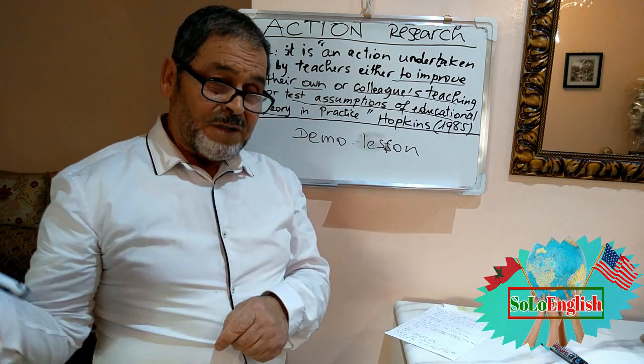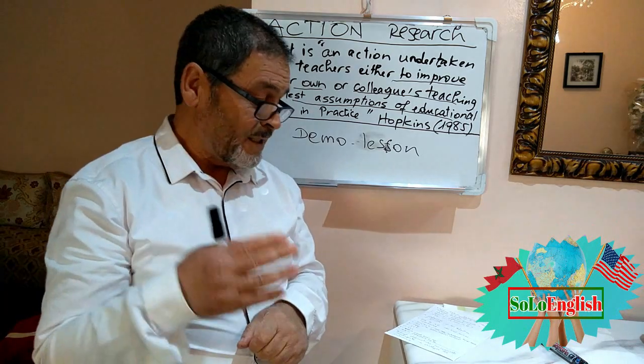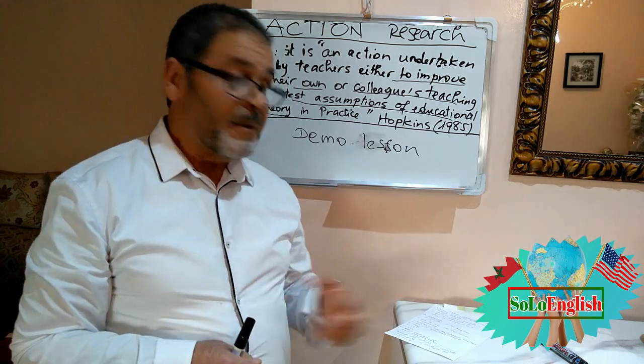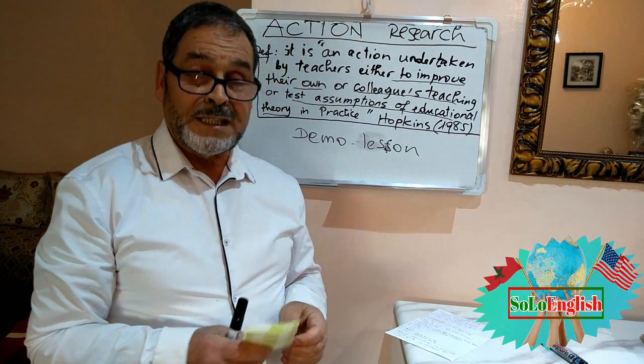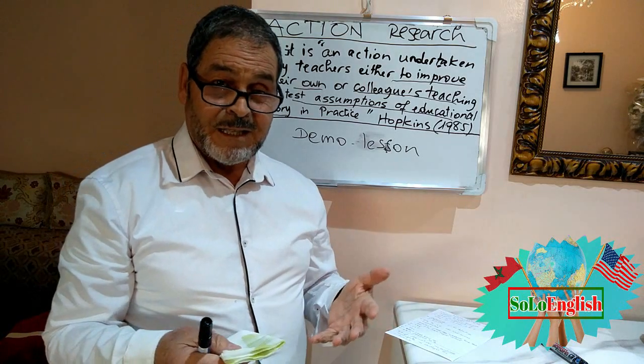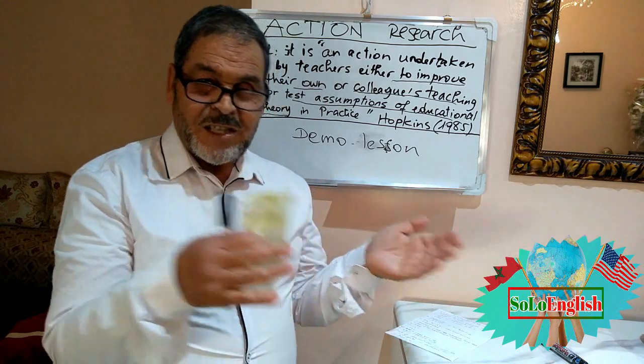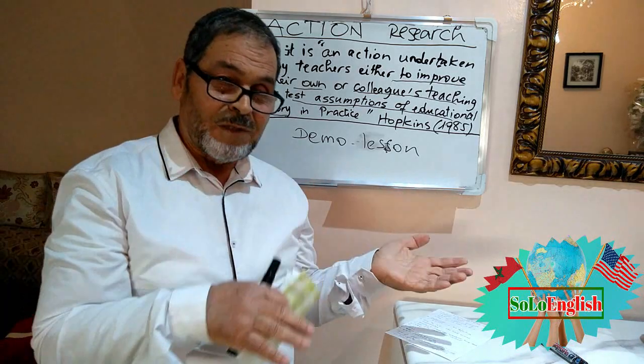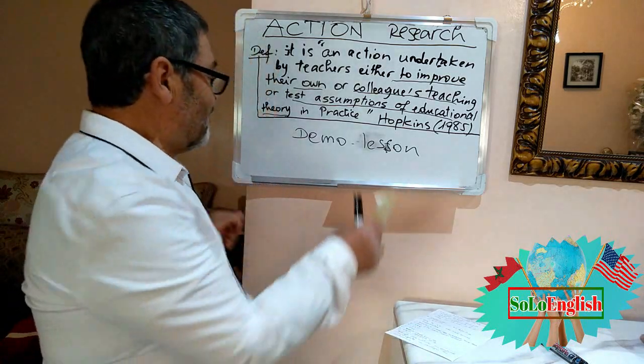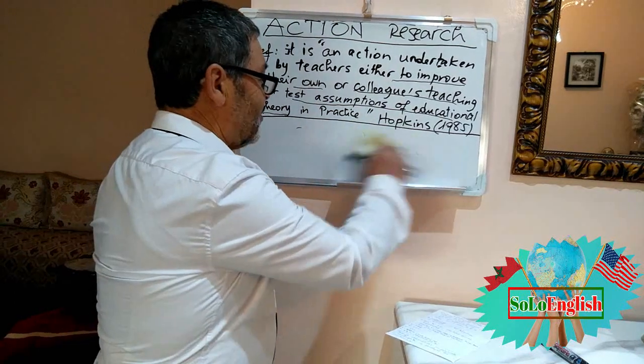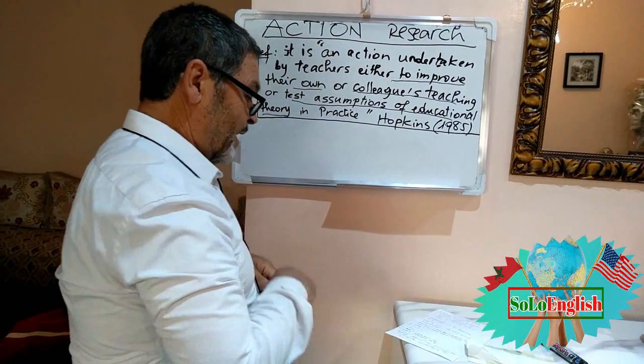And now we know since the 1960s, 70s and 80s, we have had a number of theories and approaches and methods. Each time we change this method and we replace it by another. Now let's see the series of methods that we had in the past.